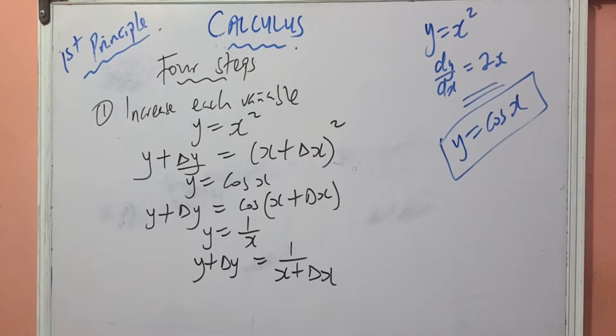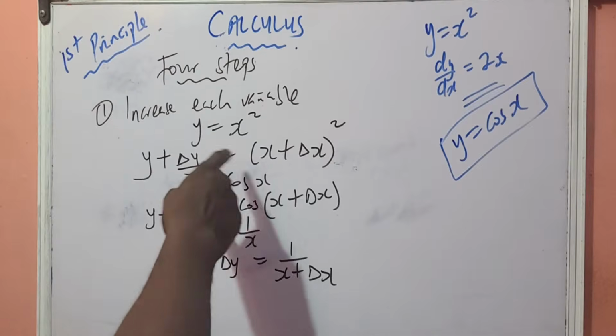What is step number 2? Step number 2 is that you have to now divide each side. Of course, before you divide, you have to make the change in y the subject of formula. Now, look at these 3 examples I've given.